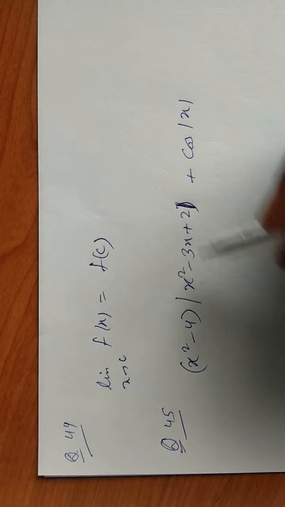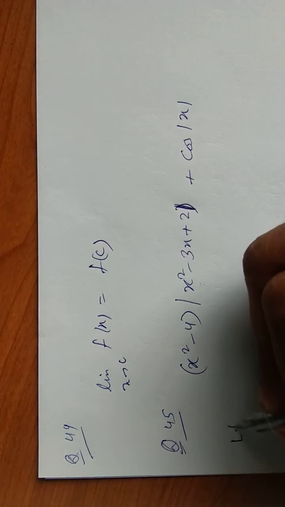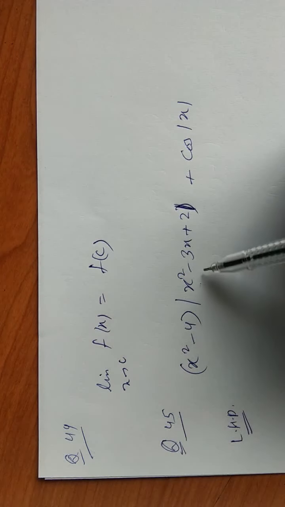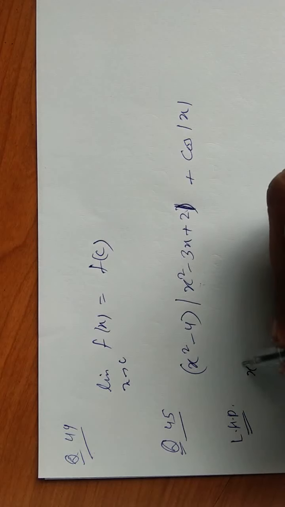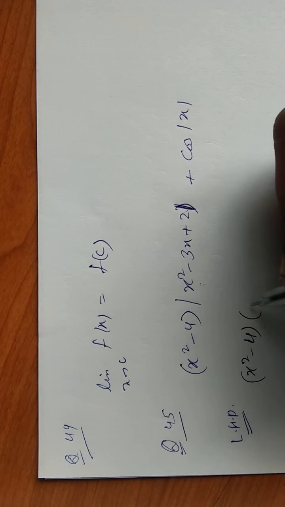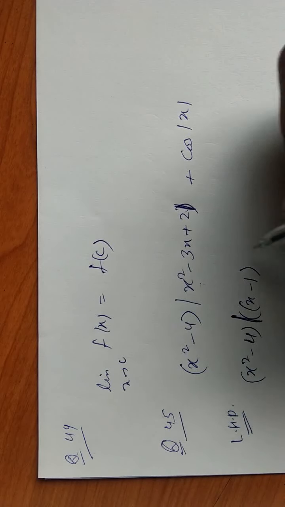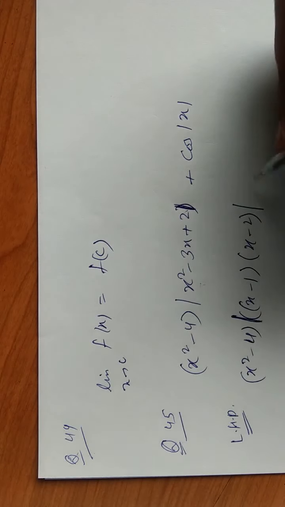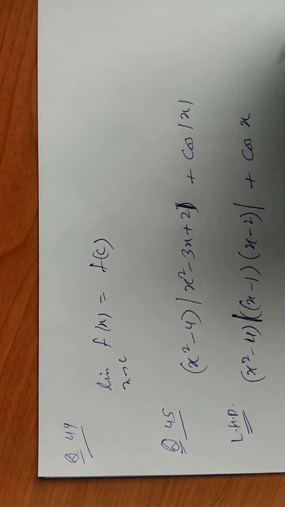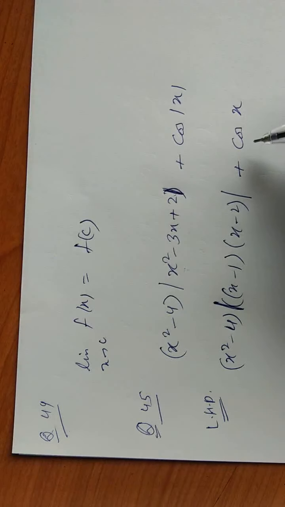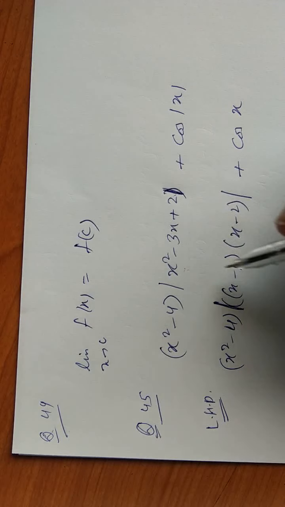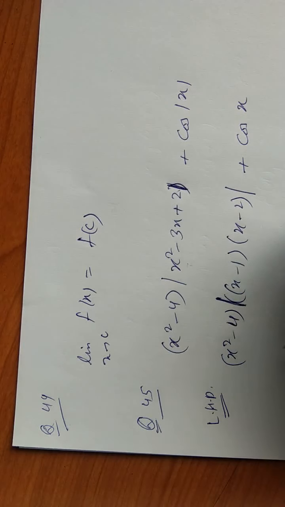1. Okay, so at 1 positive, this function is mod of x minus 1, x minus 2 plus cos of x. This will be cos x always. So at 1 positive, this bracket is going to be open negative.